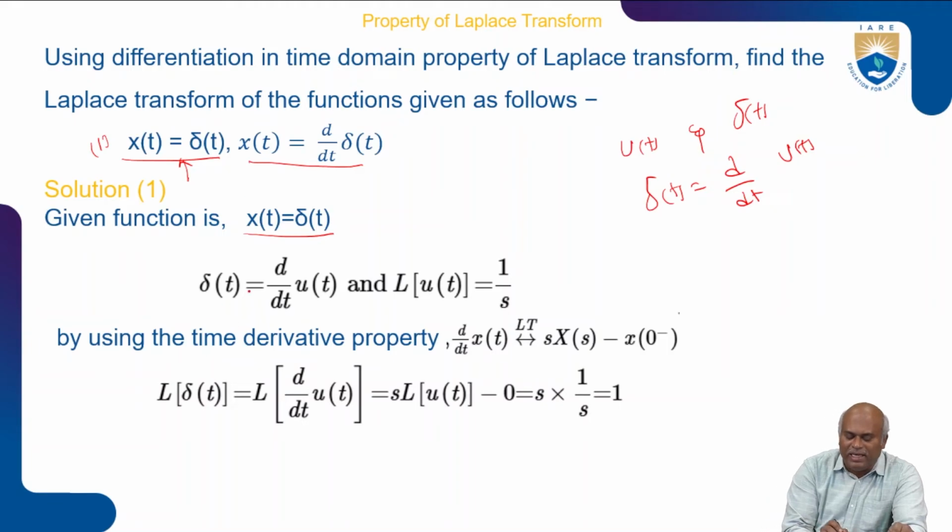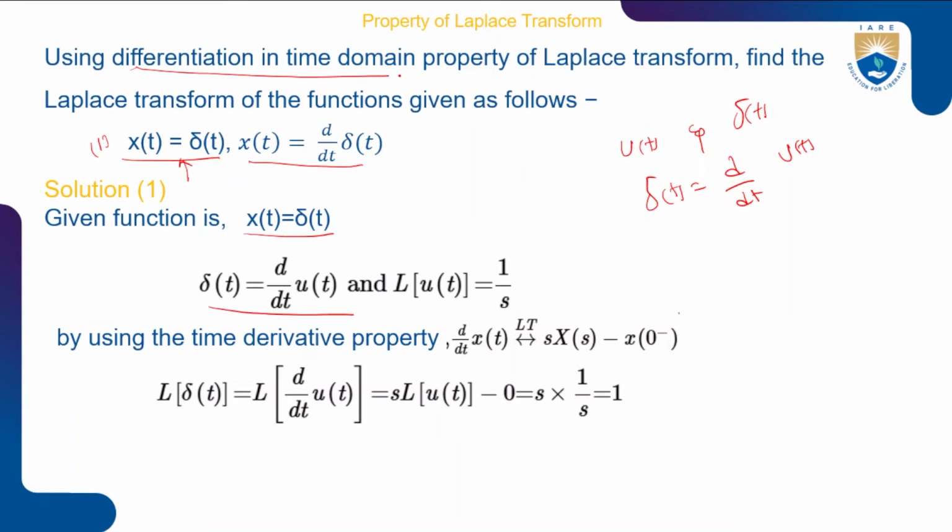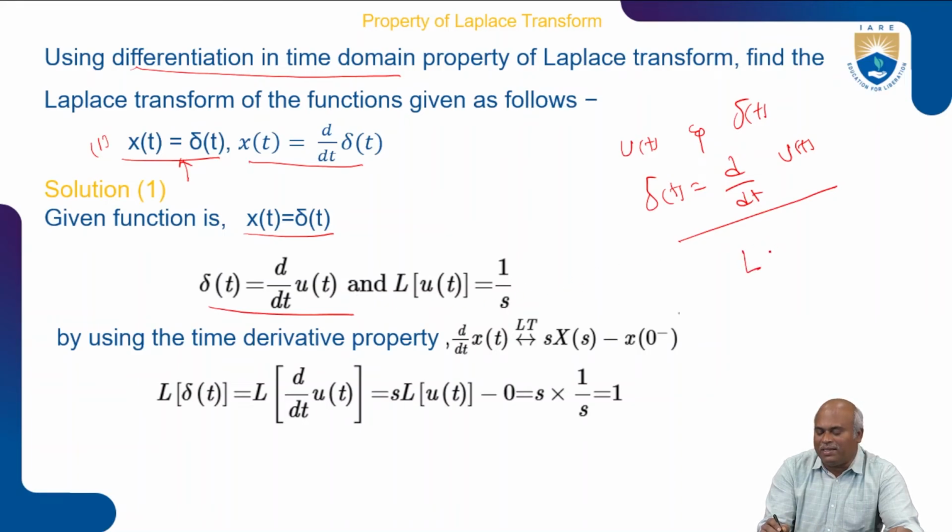I take this statement because we need to use the differentiation in time domain property. Differentiating u of t, we get del of t. Then del of t is equal to d by dt u of t, and the Laplace transform of u of t is equal to 1 by s, as we studied.